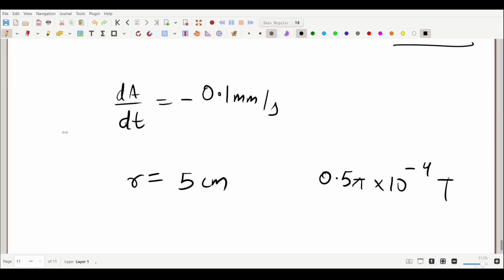Area is changing. So you got this? The answer? Okay, now we have completely understood how to find the value of EMF.